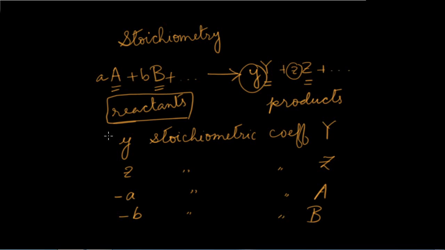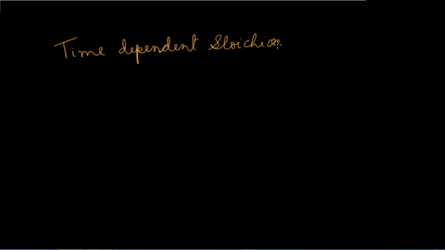kinetics of a reaction. Okay, so stoichiometry can be of two types. It can be time dependent stoichiometry, or it can be time independent stoichiometry. Time dependent stoichiometry are those reactions for which the stoichiometric coefficients are not constant throughout time.